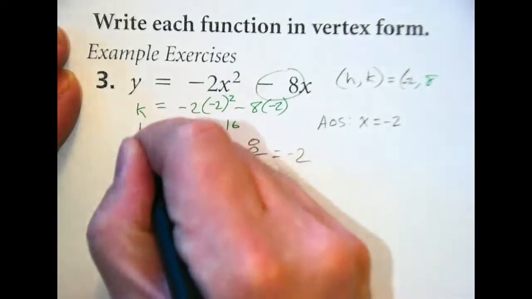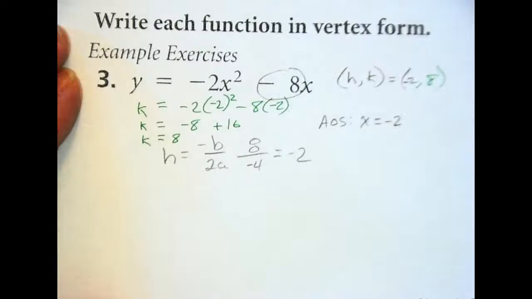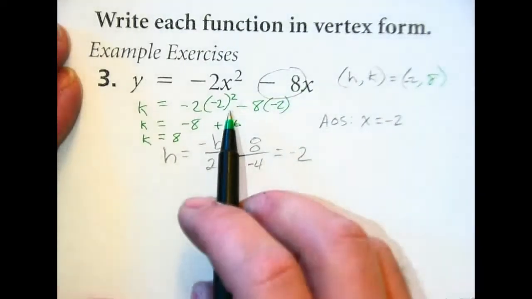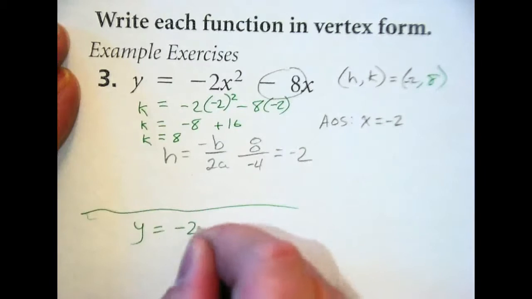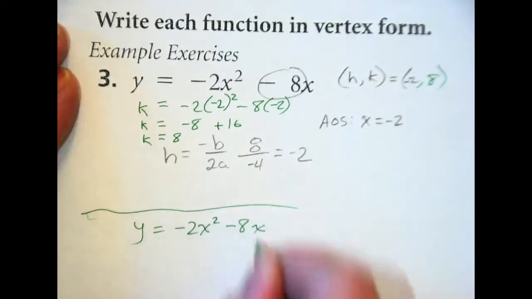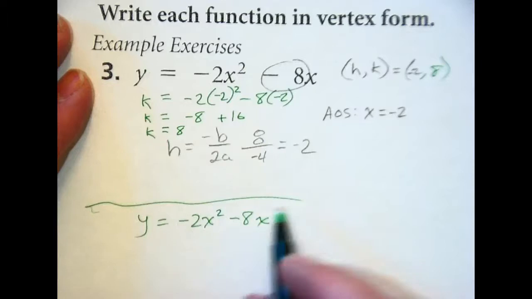All right. So, we get our 8. Did anyone try factoring there? I could have. You could have looked at this problem like this, and the common factor is -2.